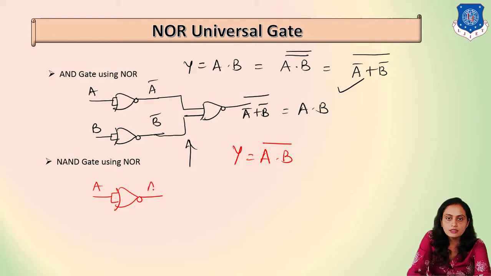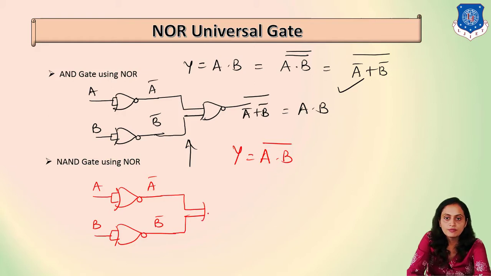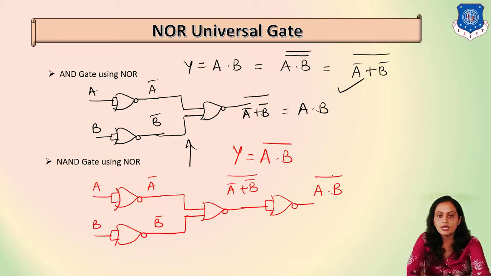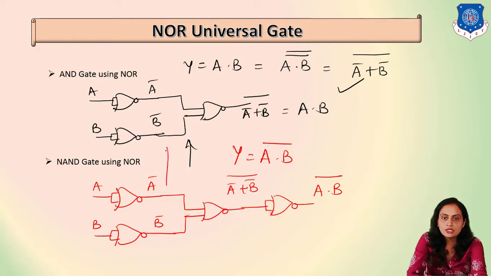This is A bar, this is B, this is B bar, and between this A bar and B bar we have this A bar plus B bar whole bar, and then I will put just one NOT gate using NOR. So finally I will have A dot B whole bar. So this is the same circuitry, but just this extra NOT gate using NOR is placed.